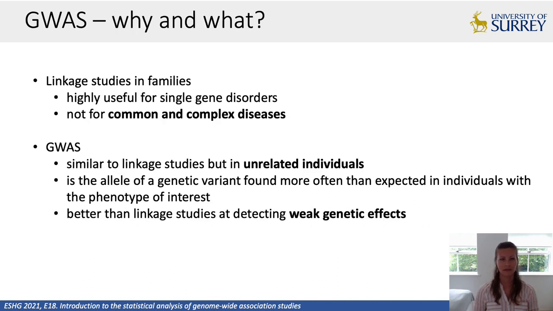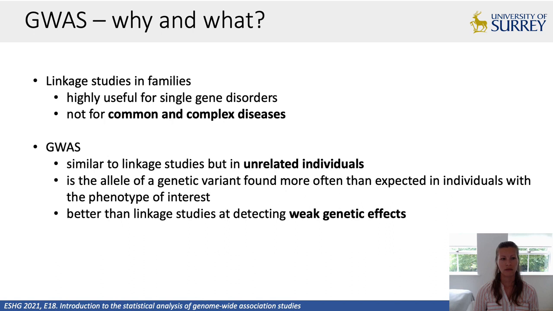Linkage studies in families had shown that they are highly useful for single gene disorders, but statistical power calculations had shown that they are not for common and complex diseases, which are often affected by multiple genes with small effects from each of them. Therefore, GWAS was proposed as a similar approach to linkage studies, but in unrelated individuals to increase the sample size.